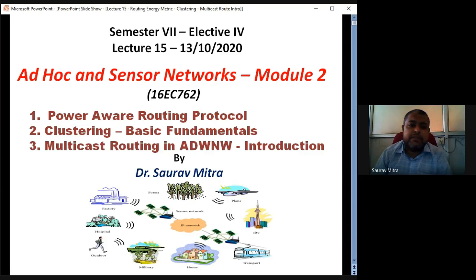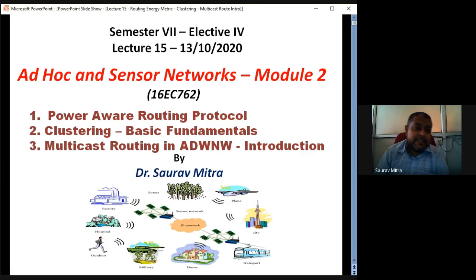So first topic today will be the power aware routing protocol: how a routing protocol saves some sensor node power. Why save sensor node power? If you are saving sensor node power, that is going to keep the sensor node alive or active for a longer period of time. If the sensor node is active for a longer period of time, that means the network will be active for a longer period of time.